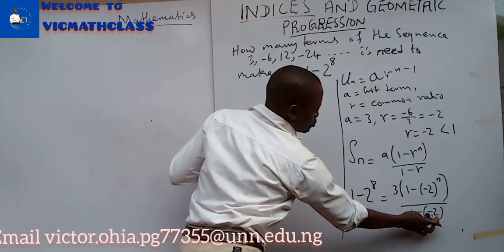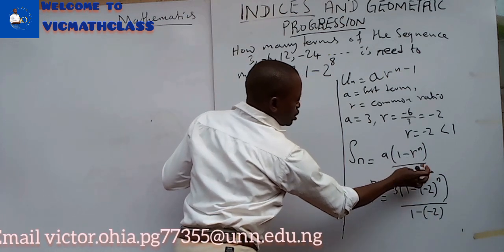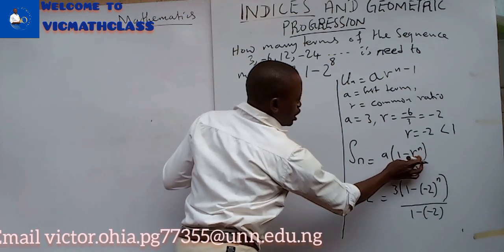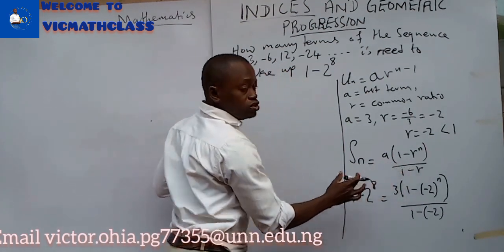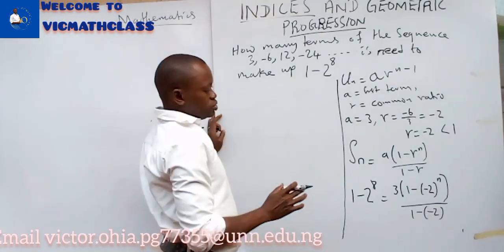You put it here, and also put it here, minus 2 raised to power n. You can see 1 minus r raised to power n. So this formula is something you just need to memorize.